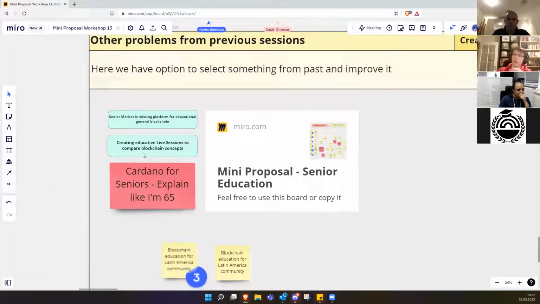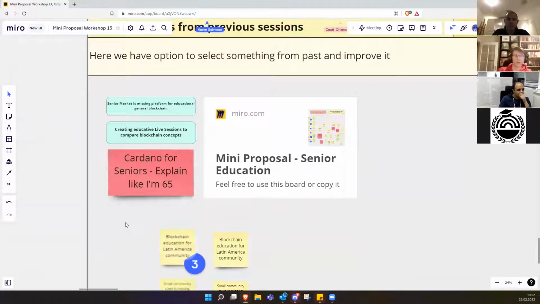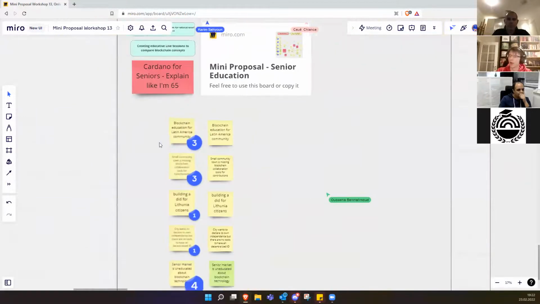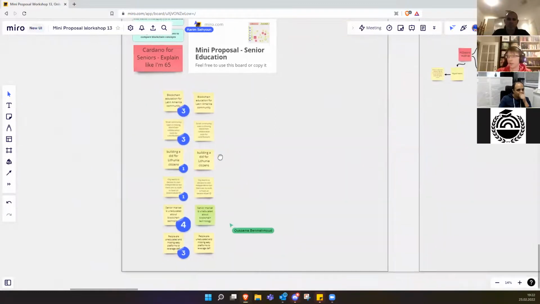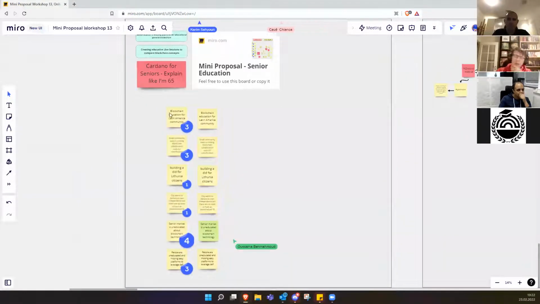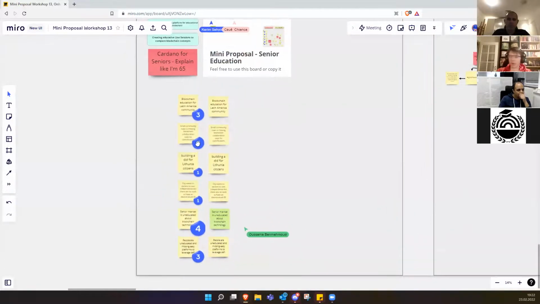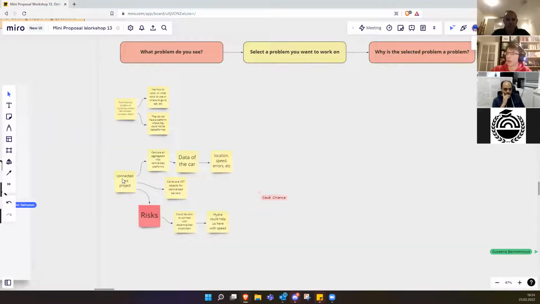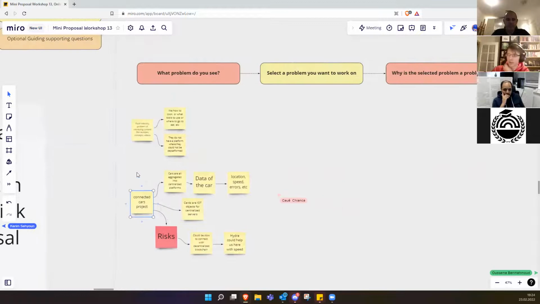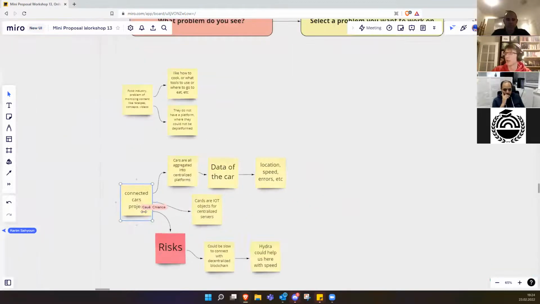So maybe building on an already existing idea, which is not even related, is not the thing. But your idea will be onboarded to next sessions, and it might be taken from elsewhere. We're also going to do some voting, so everybody who joins the Miro board, I'm going to send the link again. But okay, let's start with the connected cars project.